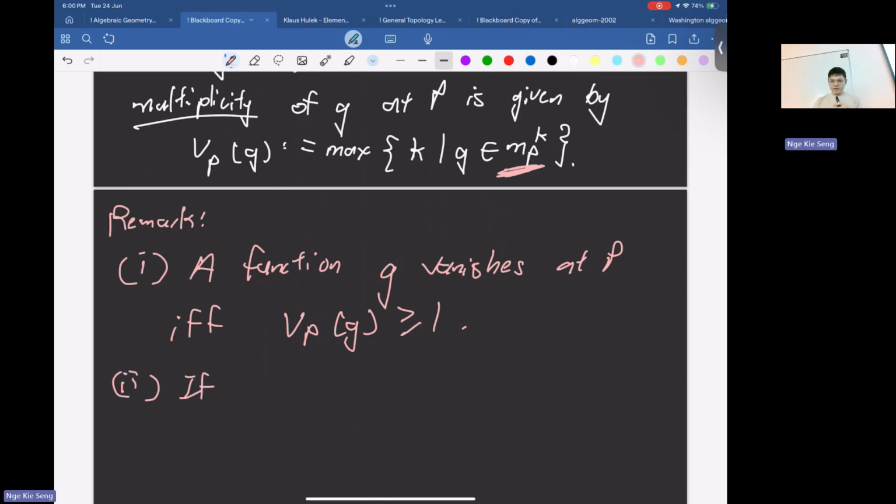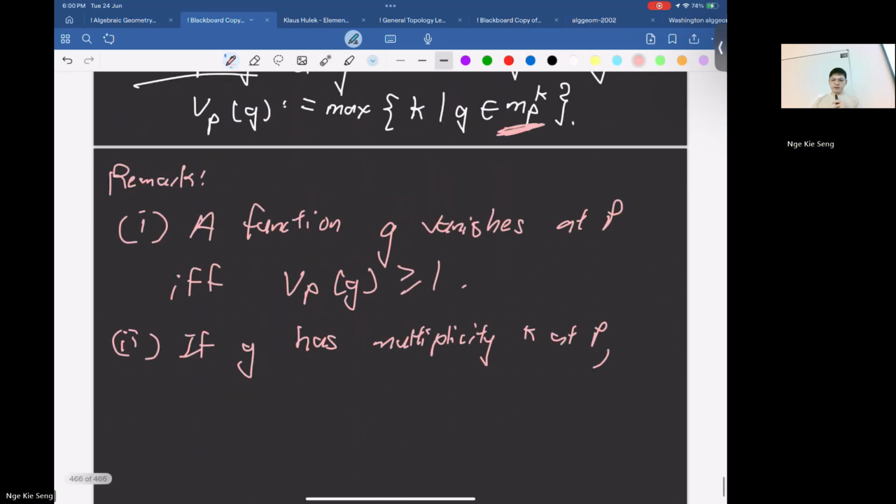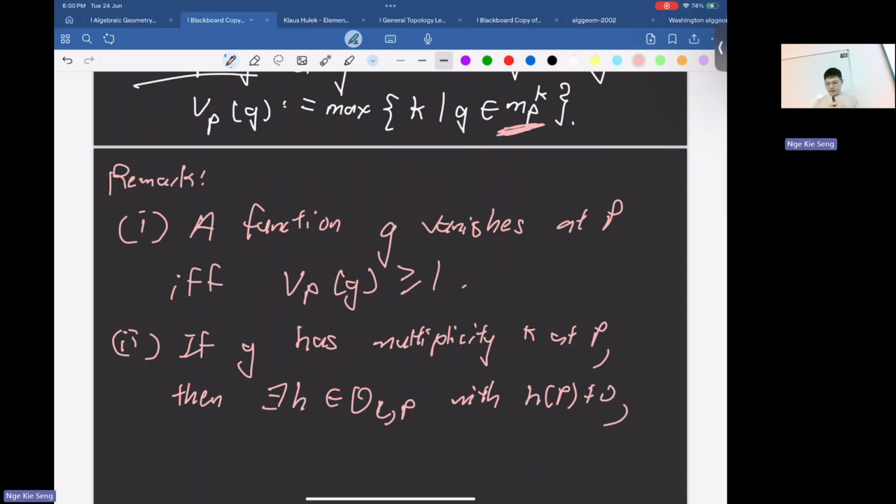Second, if G has multiplicity K at P, what does that mean? That actually means that there exists a ring element H such that H(P) is not 0, and then we have that G can be written as H times T to the K. If H(P) equals 0, then this part would live inside MP already, and living inside MP, you can push it into this factor.